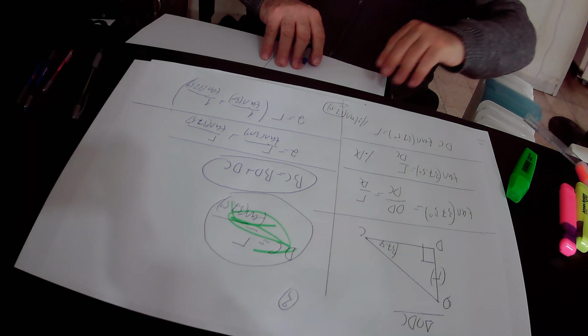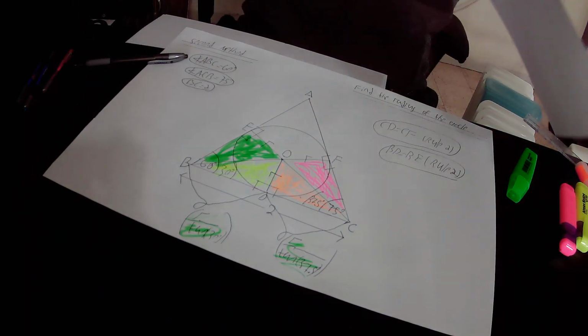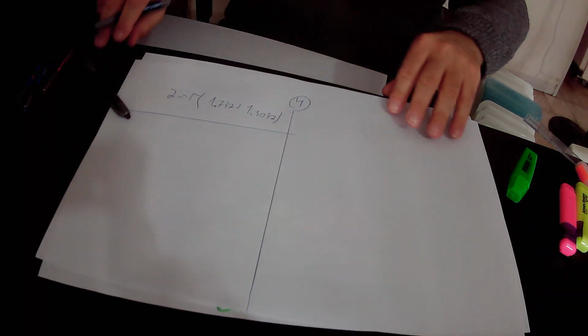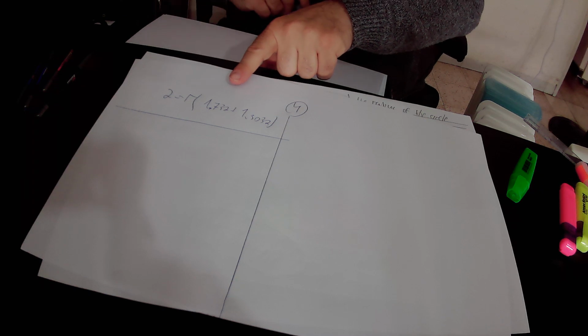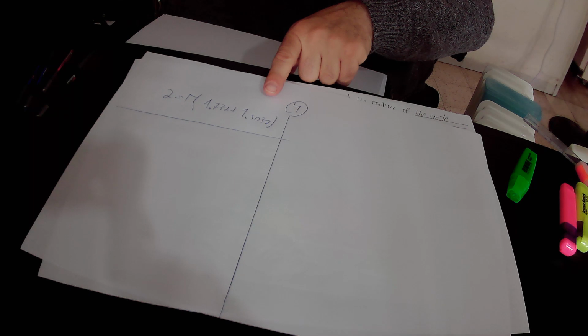So in conclusion, we found out that 2 equals R, and inside the brackets we have 1.732 plus 1.3032.